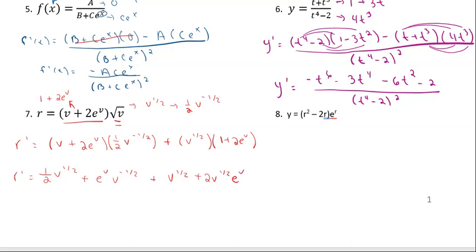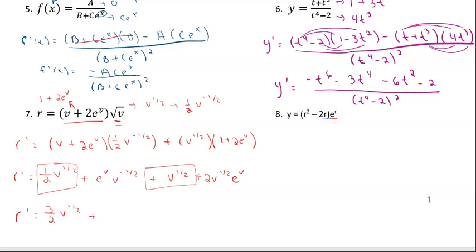Let's see. Is there anything that we can cancel out? Well, we can't really cancel it, but we can combine our like terms right here and right here. That looks like the best we're going to be able to do. So 1/2 plus 1, that's going to give us 3/2. So 3/2 v to the 1/2.